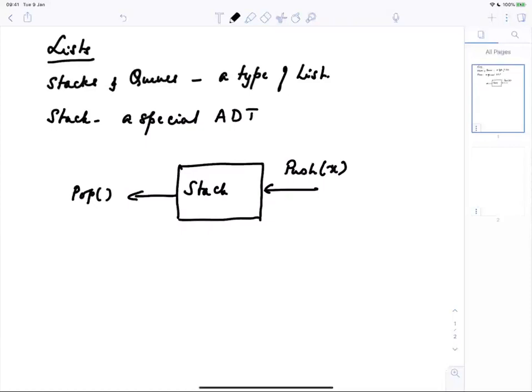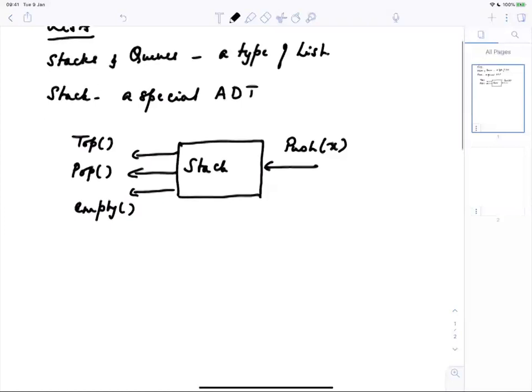These are the various operations. I pop an element out of the stack. I can look at what is there on top of the stack, and I can check whether the stack is empty or not.